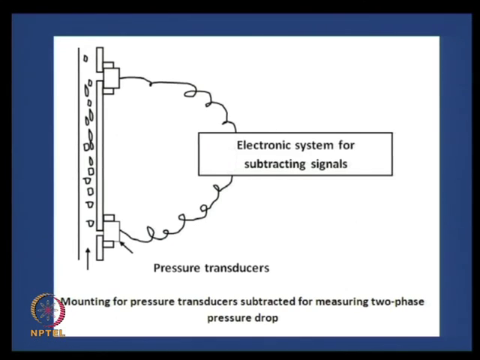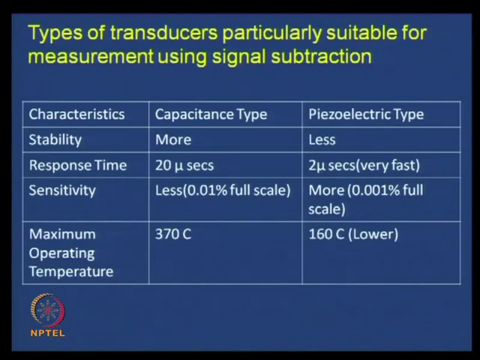So, this is a good thing, and usually we find that among the different types of transducers which you must have studied, potentiometric, strain gauge, capacitance, reluctance, eddy type, piezoelectric, etc., for wall mounted signal subtraction devices, usually we use a capacitance type of transducer, or a piezoelectric type of transducer.